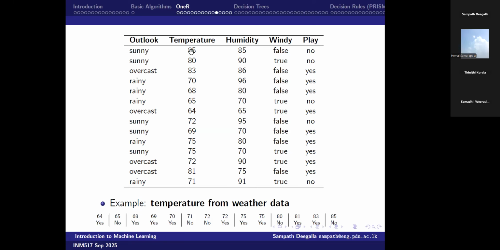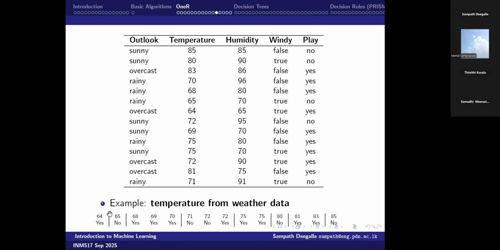Then the highest value is 85. So you can see we have sorted in ascending order. And then for each value, we will also note down its label. So when you have 64, it's yes. Similarly, for 85, we have no, right? And then we are going to find out the ranges, right?